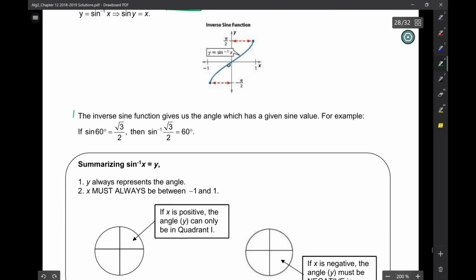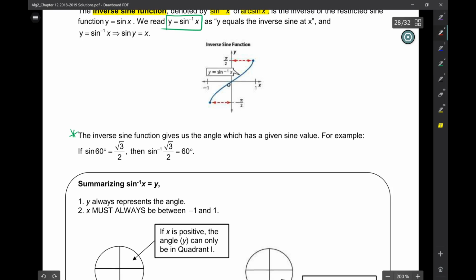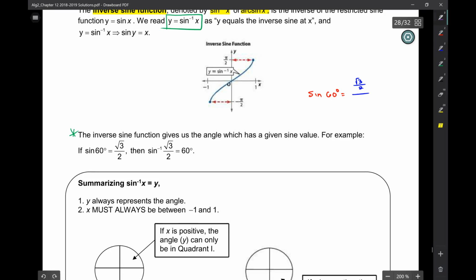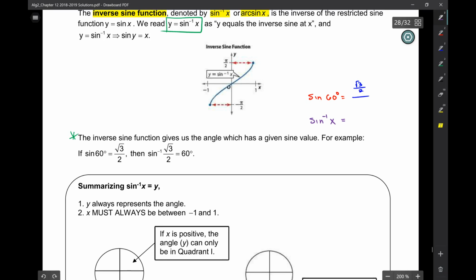Let me go here for a minute. What does inverse sine mean? Do you remember how until now I would tell you sine of 60 degrees, and then you would say that equals root 3 over 2? Now, we're going to go the opposite way. I'm going to give you the value, and you're going to tell me the angle.